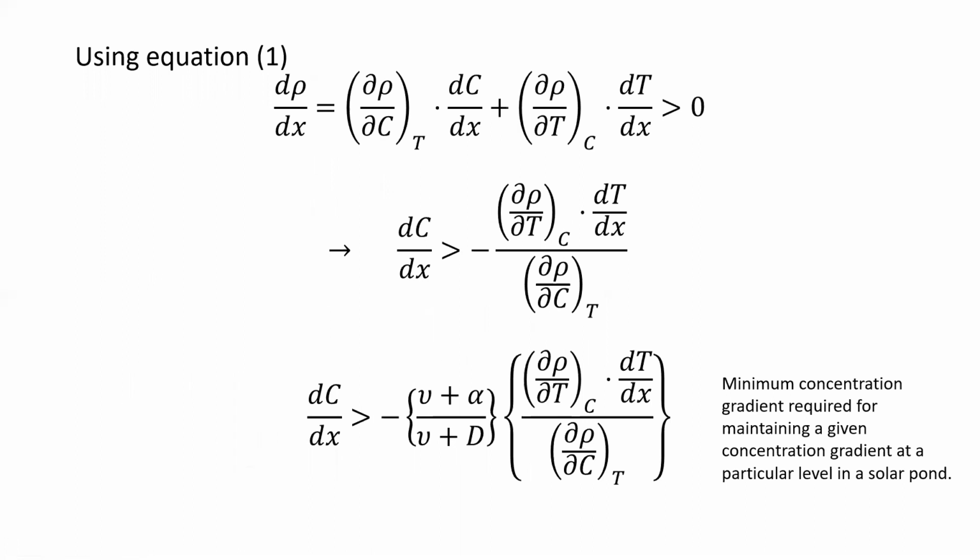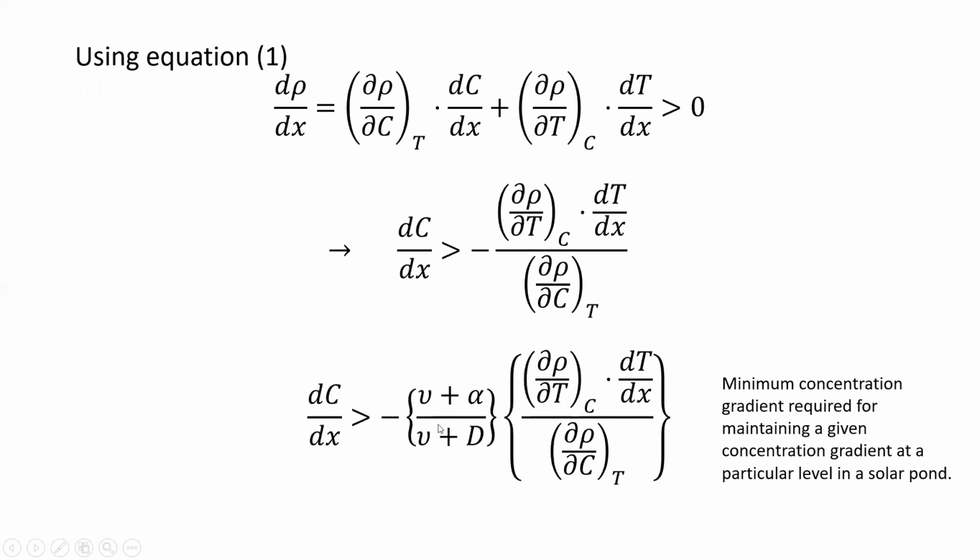We also find the change in concentration when we go downwards. So we calculated dc by dx from the above equation, and it is found that dc by dx is greater than minus dou rho by dou t at constant concentration into dt by dx, divided by dou rho by dou c at constant temperature.